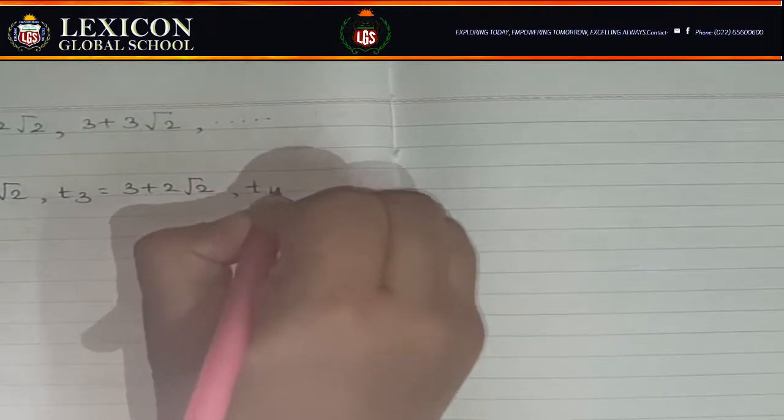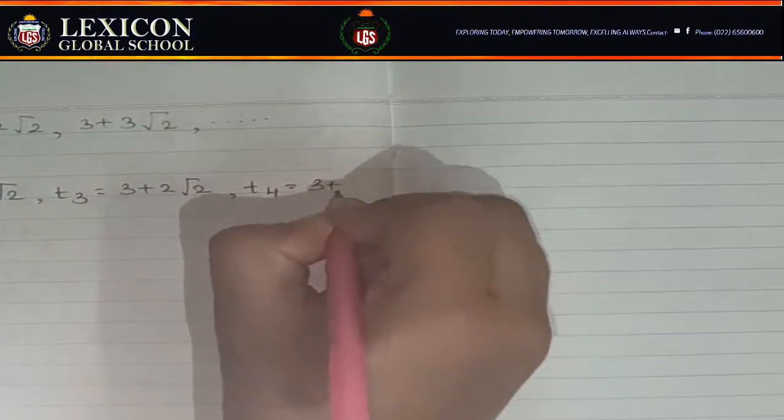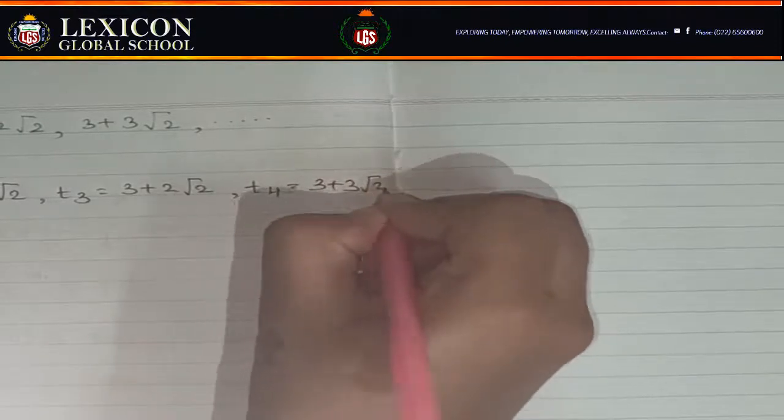So let us write our terms first. T1 is 3, T2 is 3 plus root 2, T3 is 3 plus 2 root 2, and T4 is 3 plus 3 root 2.